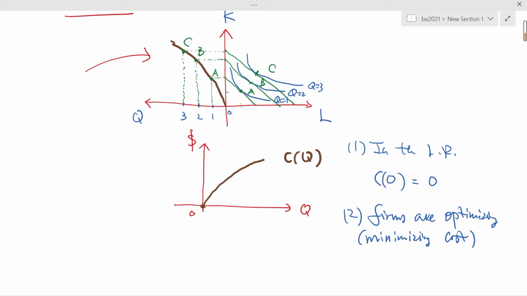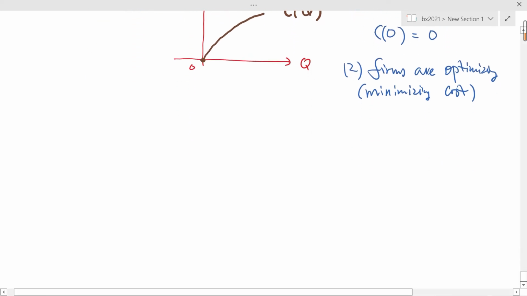What about the short run? Let's look at the short run now. I'm going to do a similar construction.